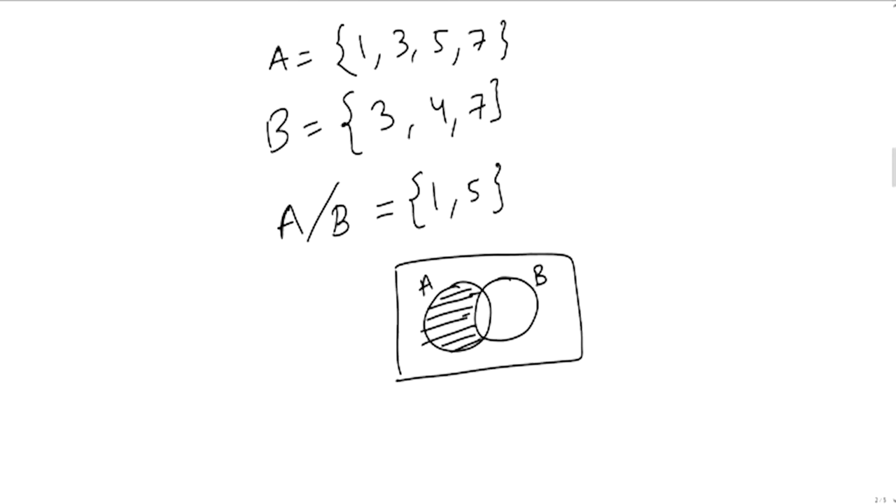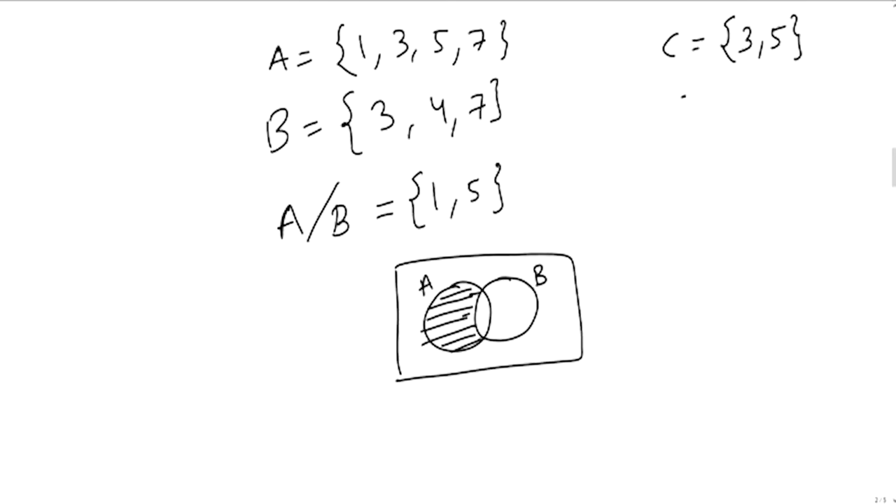Now if I ask you, let us take another set C. Okay, let's say set C is 3, 5. There is a concept called subset. So subset is a set where all the elements of this particular set, if they are found in set A, then we can say that set C is a subset of A, right?